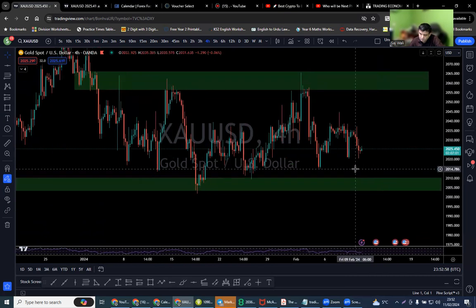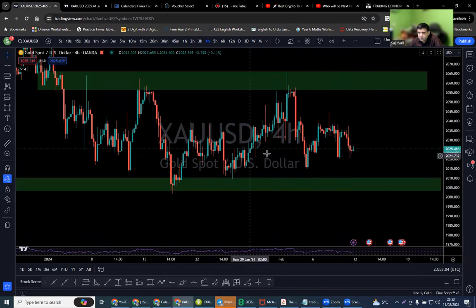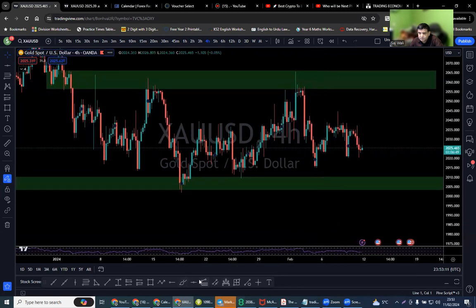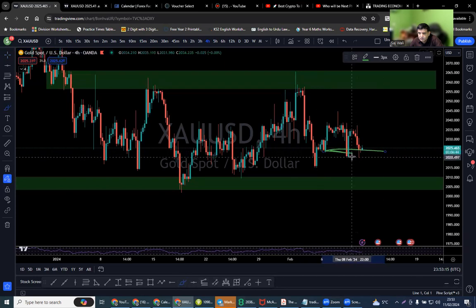Right. In Forex, market has rejected from here. In fact, it took its liquidity from this level here and closed inside again.